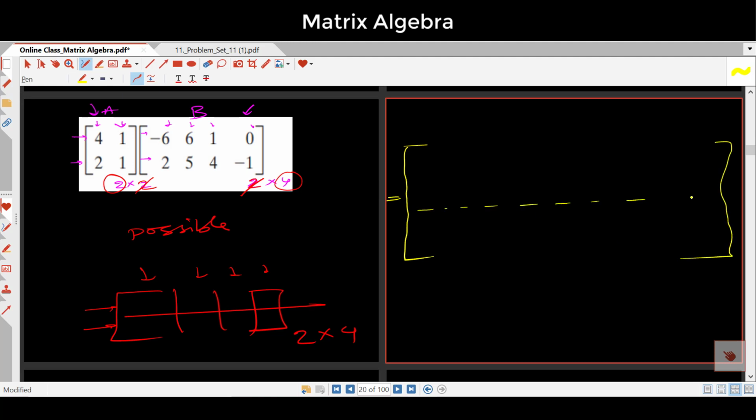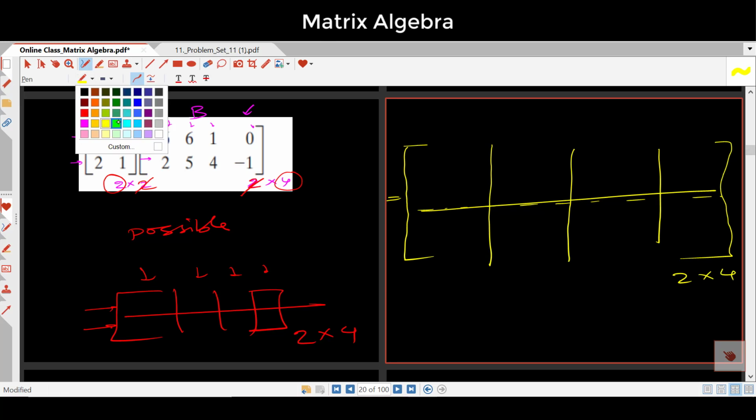So we are separating so that we can easily identify the entries of every row and every column. There will be 2 rows and 4 columns. So first of all, what will be here?